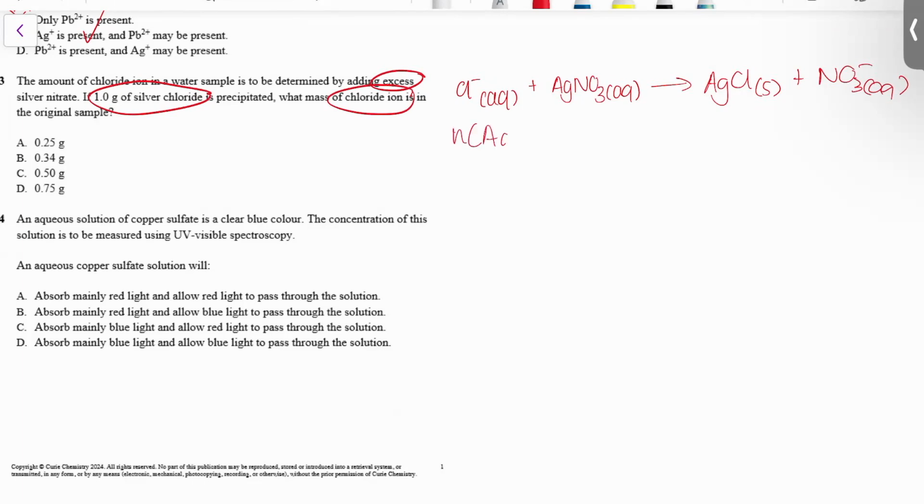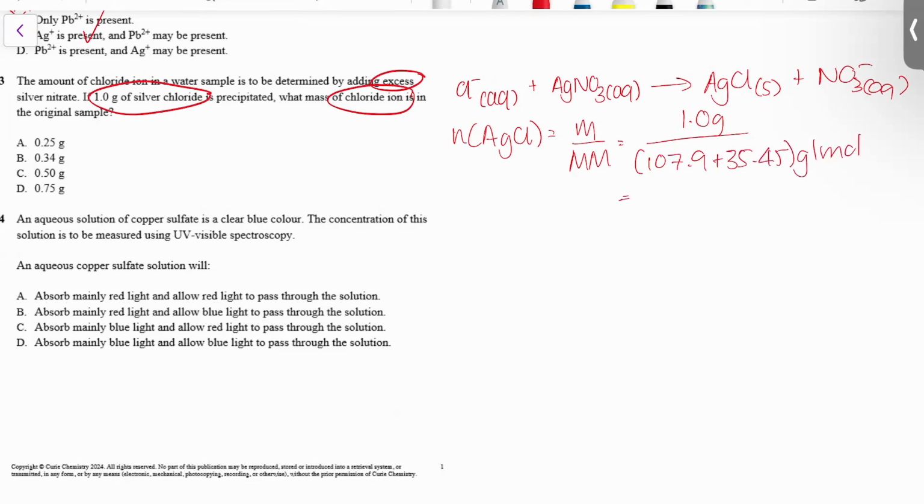Moles of AgCl is mass on molar mass because they've given me 1 gram. 1.0 grams over silver, correct me if I'm wrong, 107.9 plus 35.45 grams per mole.